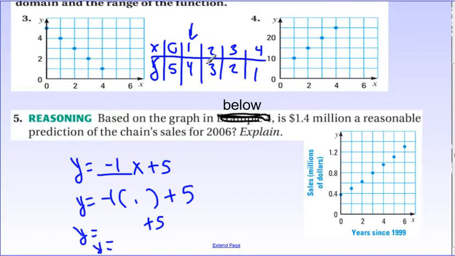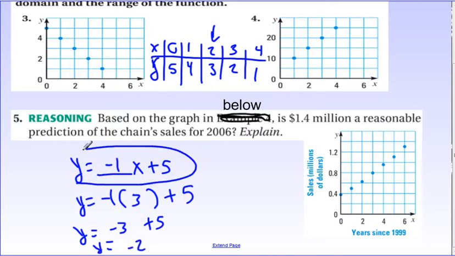If you plug in a 2, we're trying to get 3. 2 times negative 1 is negative 2. Negative 2 plus 5 is 3. That worked. And what we'd find out, if we keep plugging in all the numbers, these will all work. 3 times negative 1 is negative 3. Negative 3 plus 5 is 2. This is the rule.